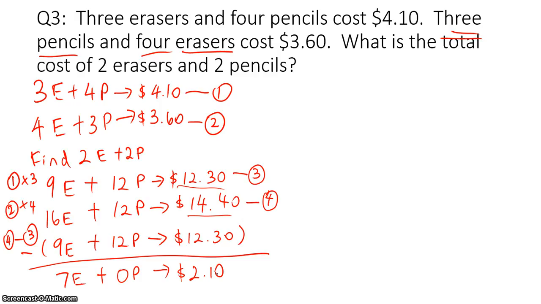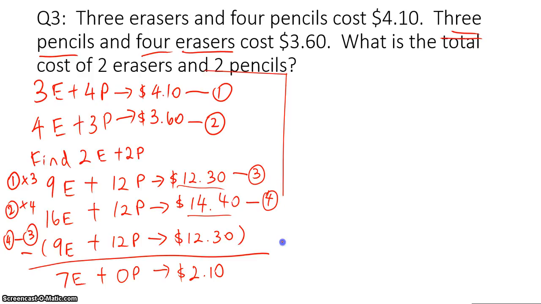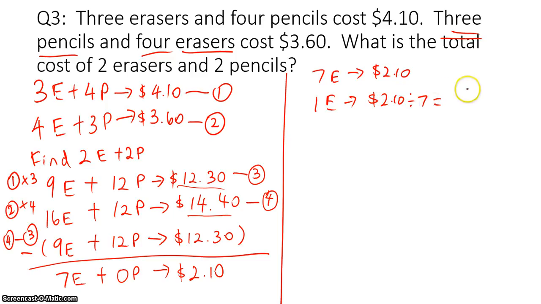So if you notice, let me draw a line for the next section. So I'm left with 7e is actually 210. So what is 1e? 210 divided by 7 gives us 30 cents.